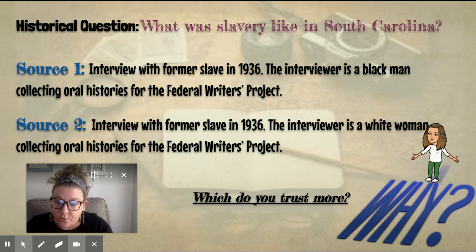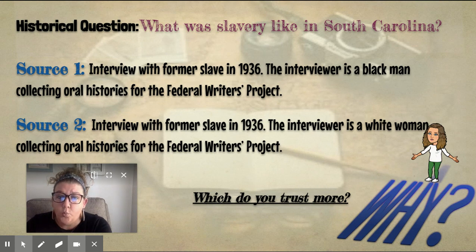Especially important to note is that segregation still existed in 1936. So the likelihood of a white woman and a Black man or a Black woman being together and being able to talk honestly, for that former slave, whether it be man or woman, to feel comfortable telling a white woman what they experienced in slavery would have been unheard of.